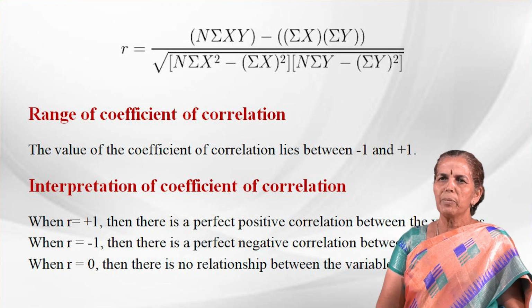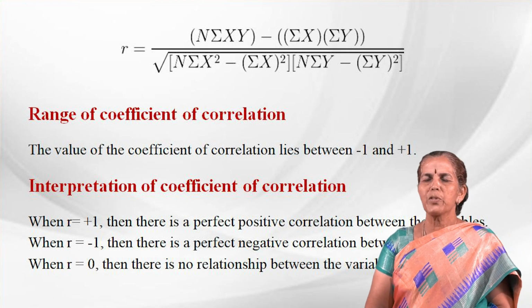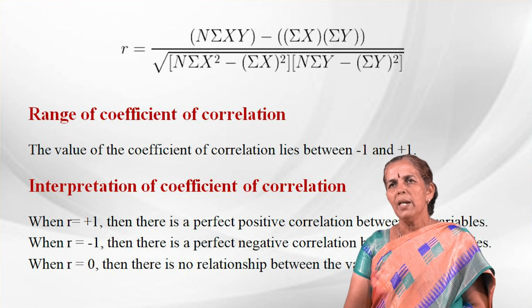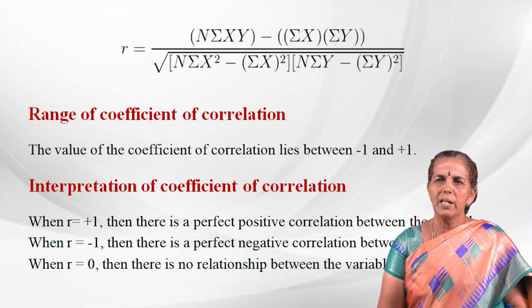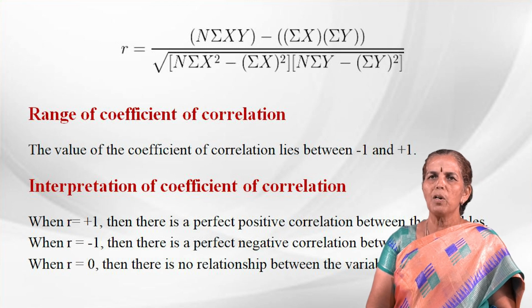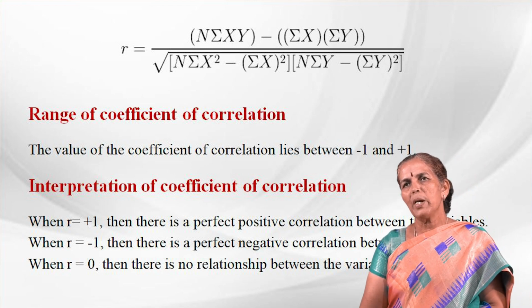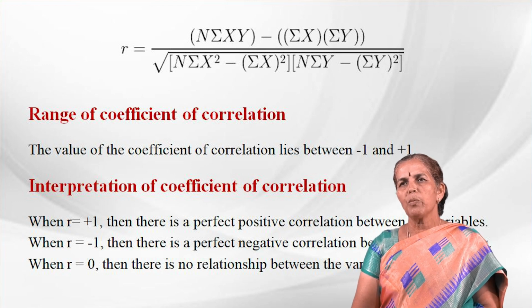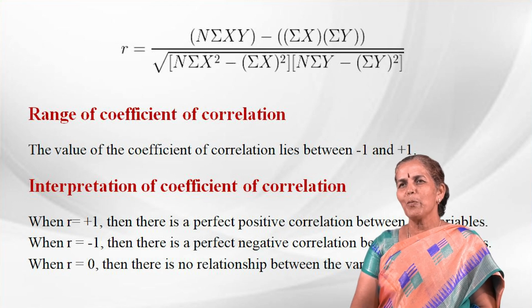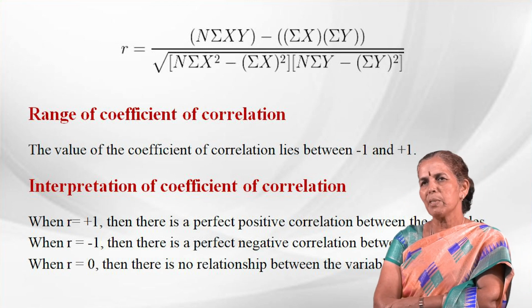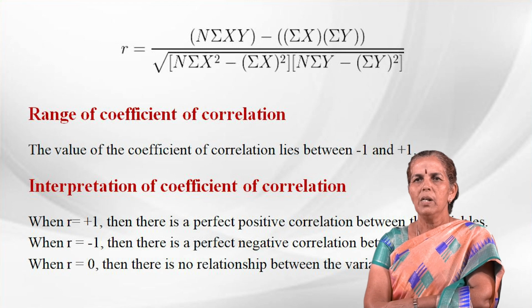For calculation purposes, most of the time we use this formula: correlation coefficient r equals n into summation xy minus summation x into summation y, the whole divided by root of n into summation x squared minus summation x whole squared, into n into summation y squared minus summation y whole squared. The range for correlation coefficient always lies between -1 to +1.